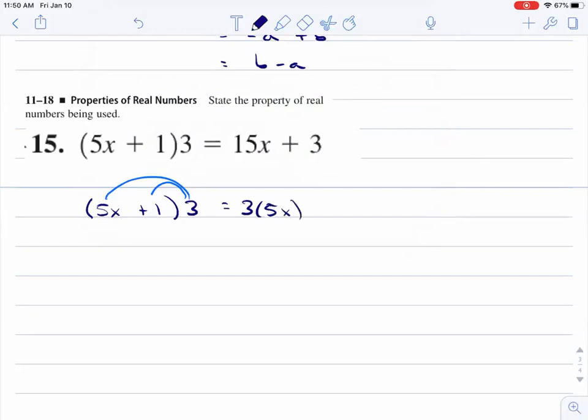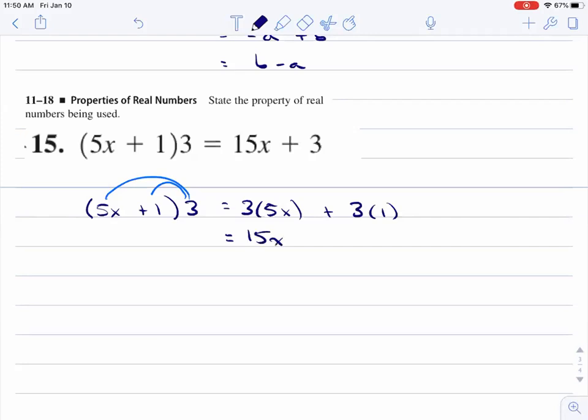Notice how I'm using those brackets just to show that I want to use 5x as one thing. And then plus 3 times 1, just to indicate that I'm multiplying these two numbers. 3 times 5 times x, well, 3 times 5 is 15.